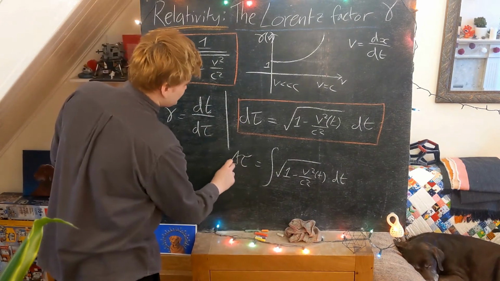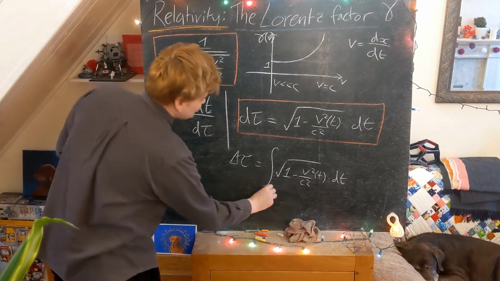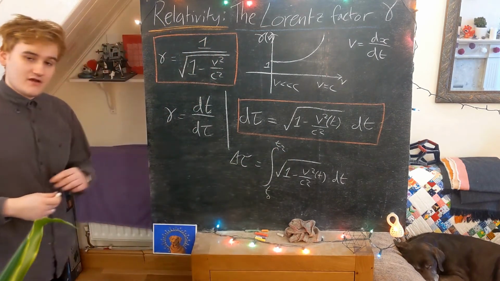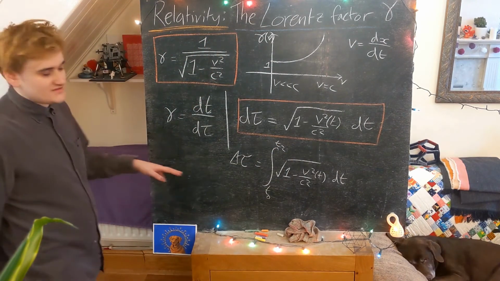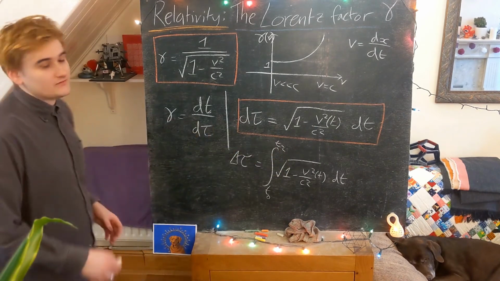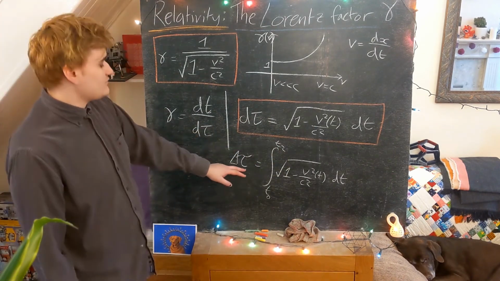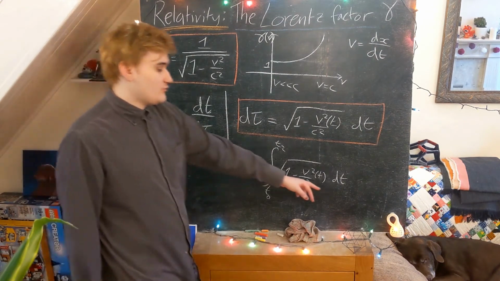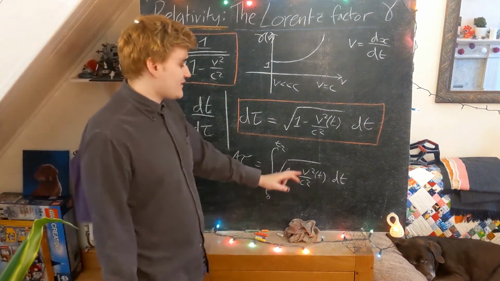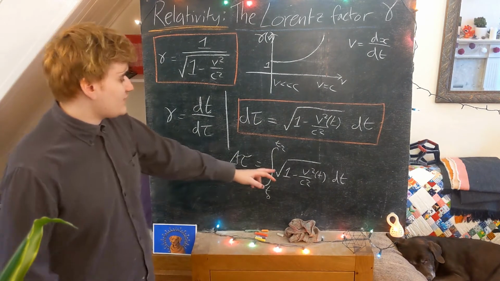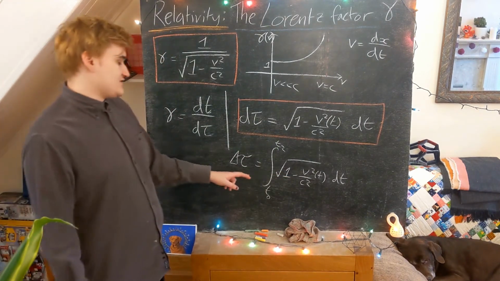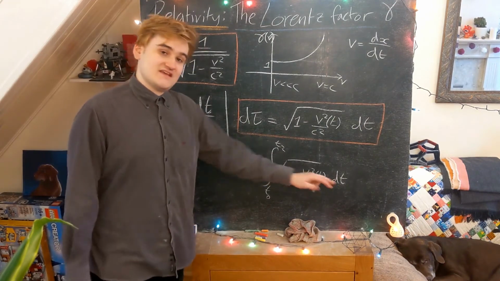Really, I should say that this is a proper time interval between two coordinate times. However we solve this integral, probably numerically, we can see that the proper time is just going to be coordinate time if this v squared over c squared is so small that it doesn't enter into this root at all, and then we would find that delta tau is delta t.